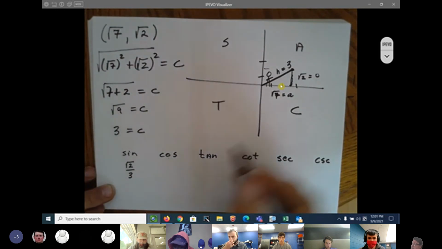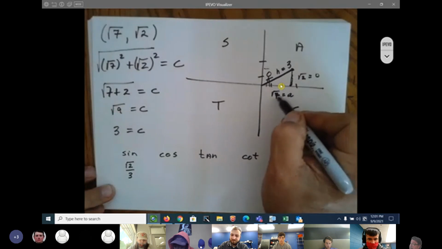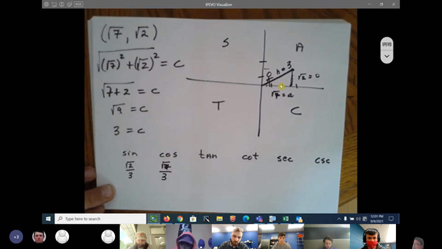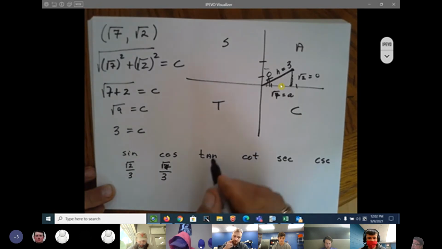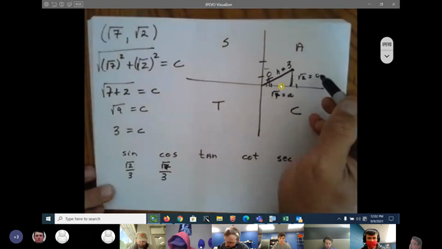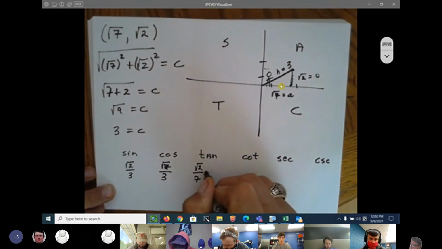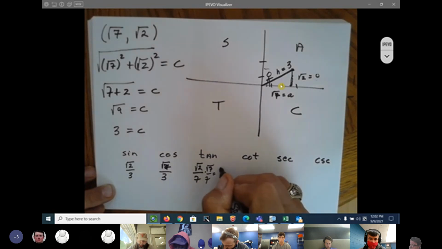Adjacent over hypotenuse: square root of 7 over 3. Tangent: square root of 2 over square root of 7. Multiply by the square root of 7 over the square root of 7: square root of 14 over 7.